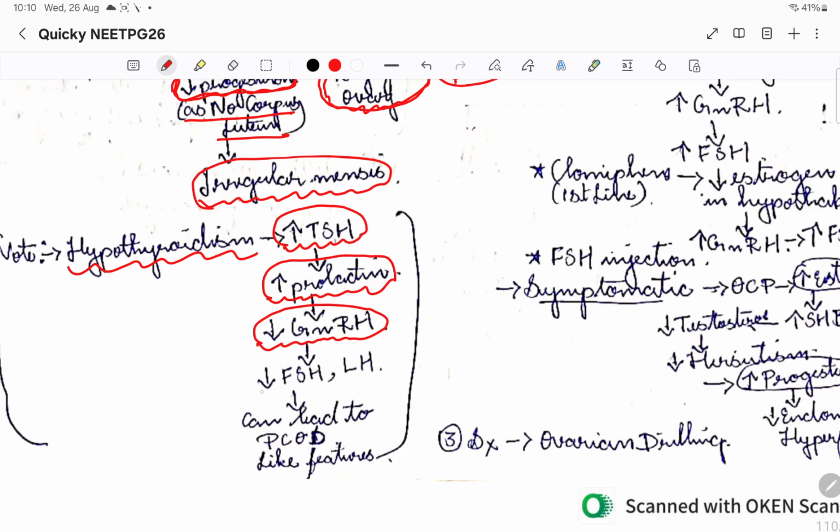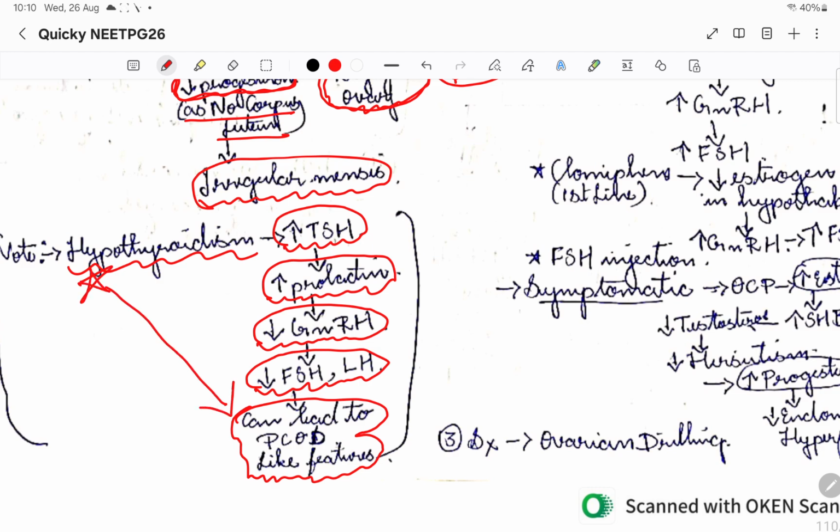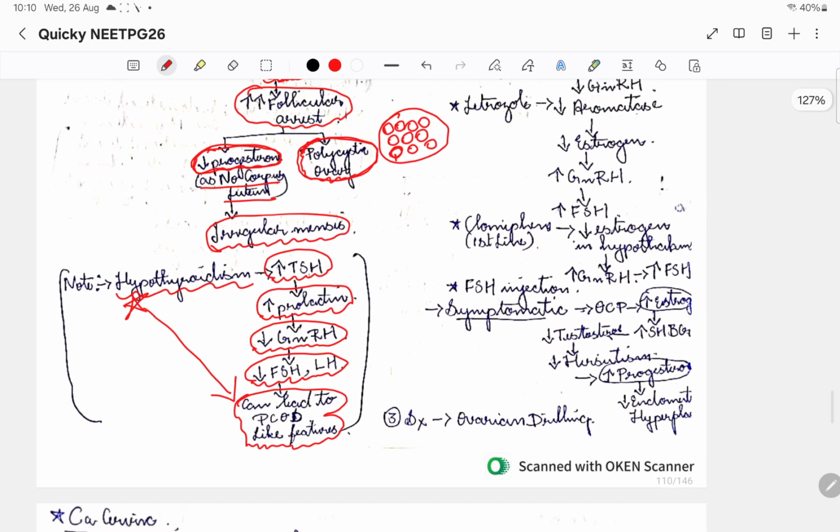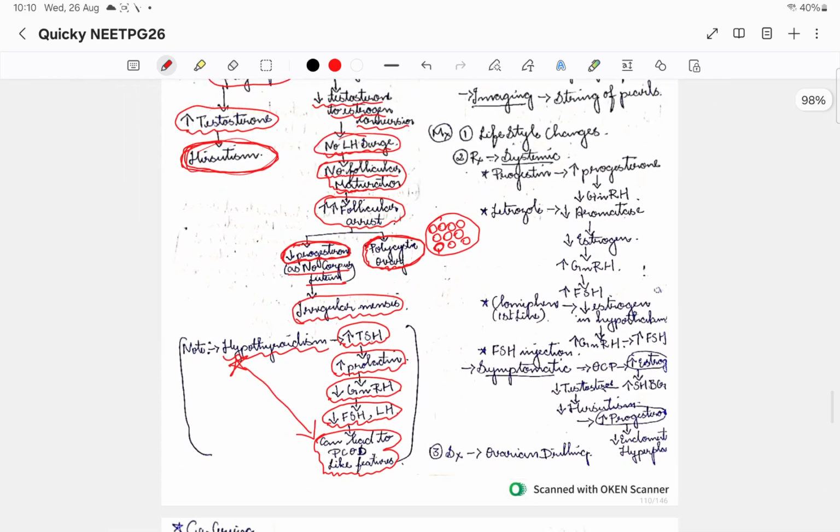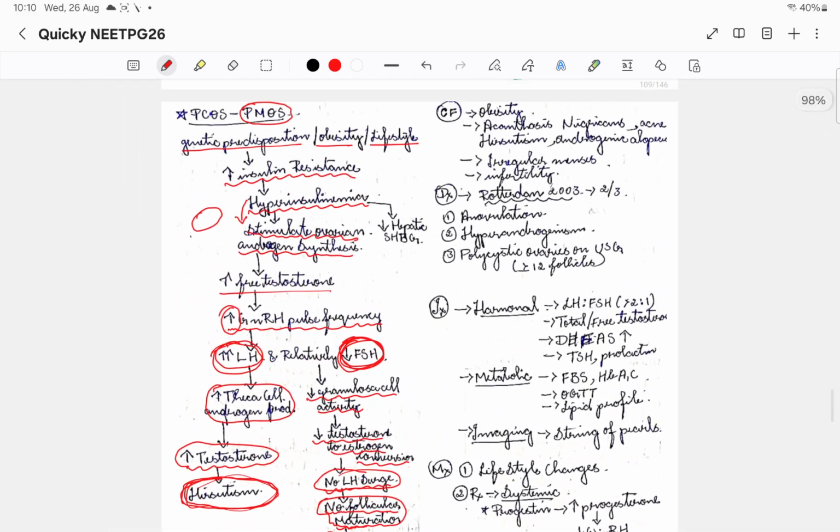So here FSH and LH will be low, there is no maturation of the follicles, and that might lead to PCOS-like features. That is why we have to rule out hypothyroidism in a case of PCOS. This will just mimic PCOS.